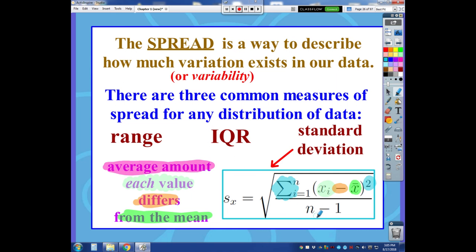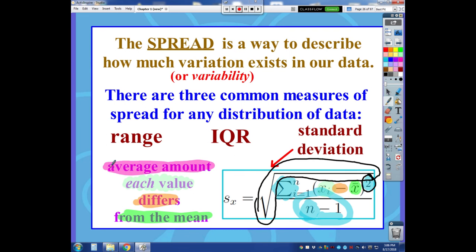And now we're going to divide by, and what seems weird is we're going to divide by not all of the numbers in the data set, but all of the numbers in the data set minus 1. So you're just going to have to go with me for right now. So it's almost like we're taking an average here, but we're taking the average of squared differences. And so now to be able to undo that squared average difference, we're going to do the opposite of squaring in the end, and we're going to square root.